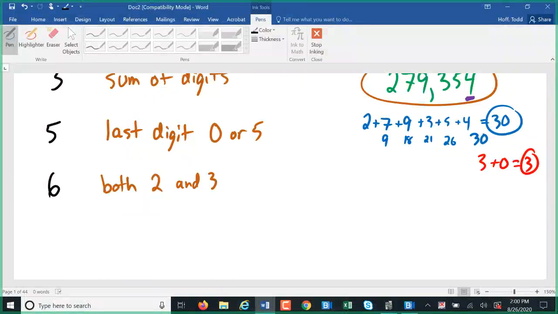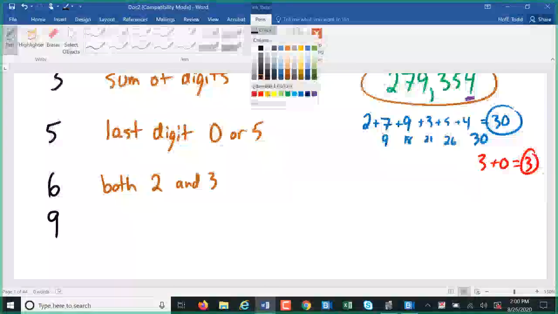And for 8, 8 is similar to 4. There's a rule for it, but it actually requires you to memorize all the multiples of 8 from 0 to 1,000. Don't expect you to do that, so we're not going to use the rule for 8. In fact, for 8, if you divide by 2 3 times, you've divided by an 8.